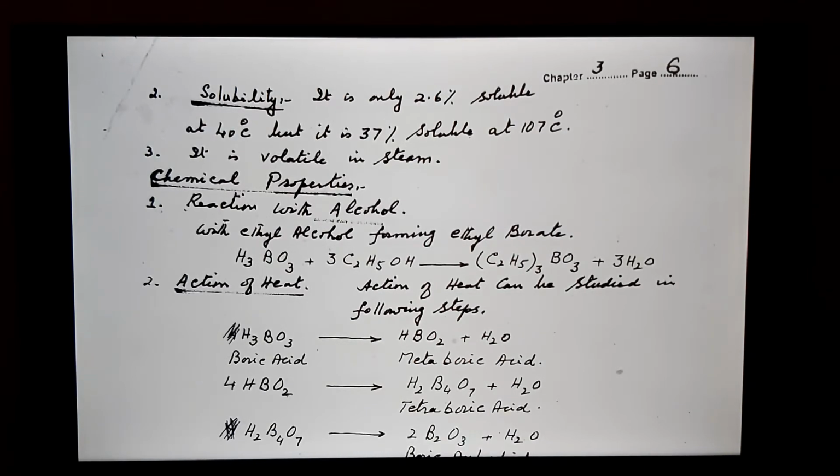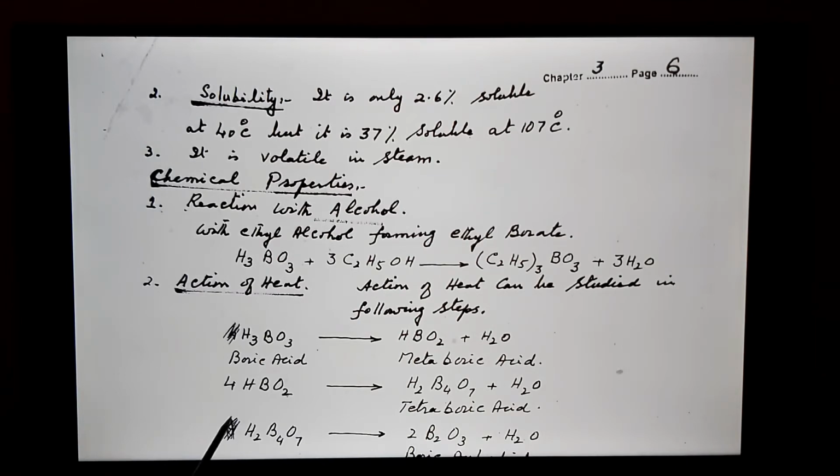Then is action of heat. Important one, action of heat can be studied in the following steps. Orthoboric acid, when heated, gives metaboric acid plus water. So one molecule of water evaporates out, H2O goes out, remaining behind HBO2, which is termed as metaboric acid.